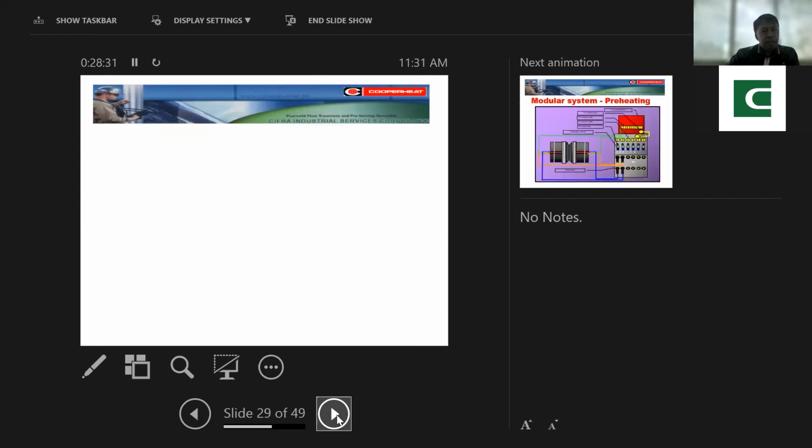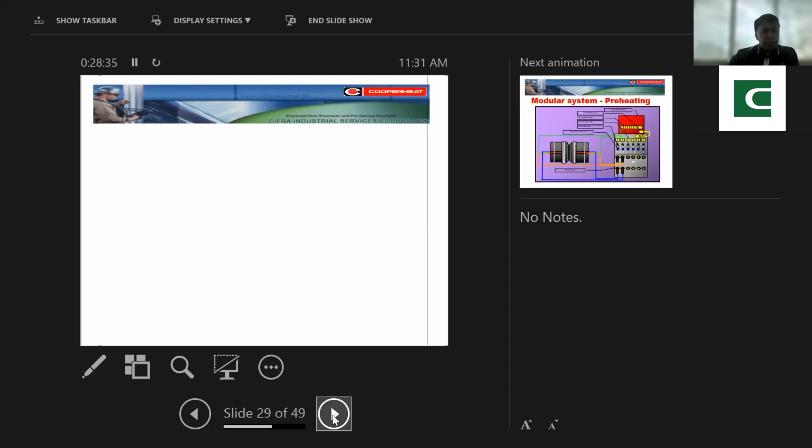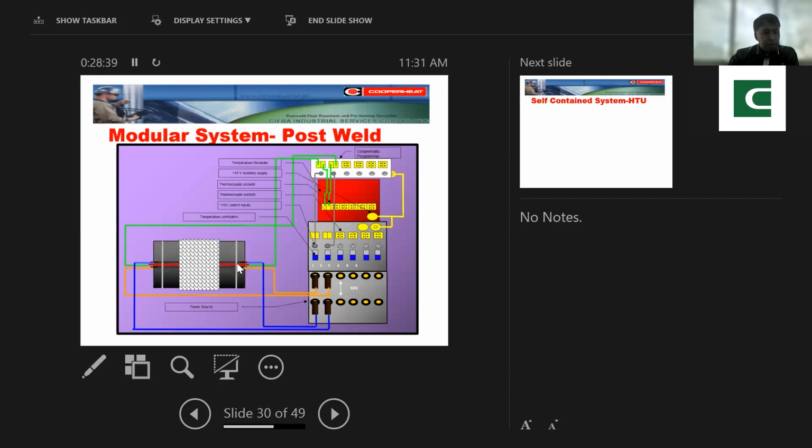Then connect this to your heat treatment machine. So i-connect natin yung heater sa ating machine, and then yung ating thermocouple wire connected to our programmer and our temperature recorder.